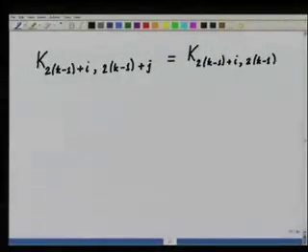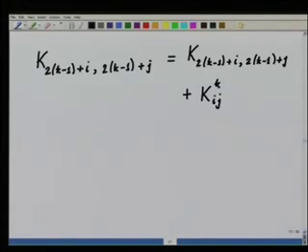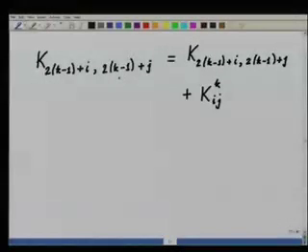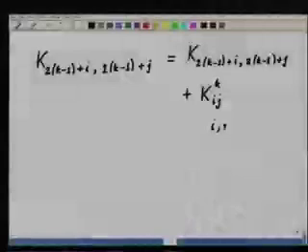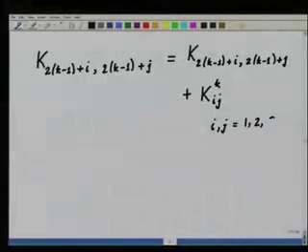To the original number which was sitting there, I am going to add K_ij. So to the global stiffness entry K_{2k-1+i, 2k-1+j}, I am going to add the elemental ijth entry. So this is the assembly part as far as the stiffness is concerned, and this is for i, j equal to 1, 2, 3.